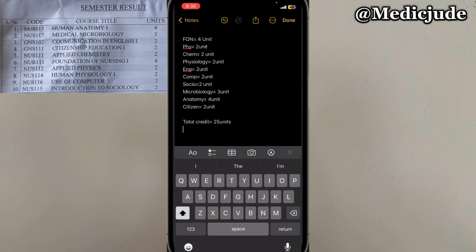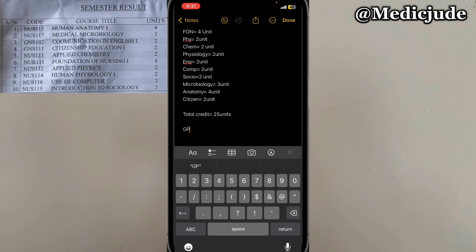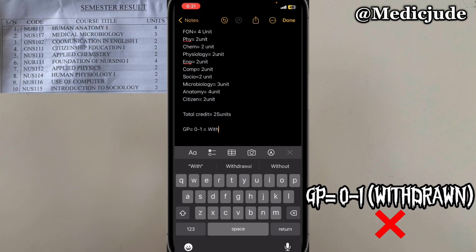So if you got a grade point of 0 to 1, individuals in this category fall under withdrawal. Individuals in this category fall under the withdrawn candidates.